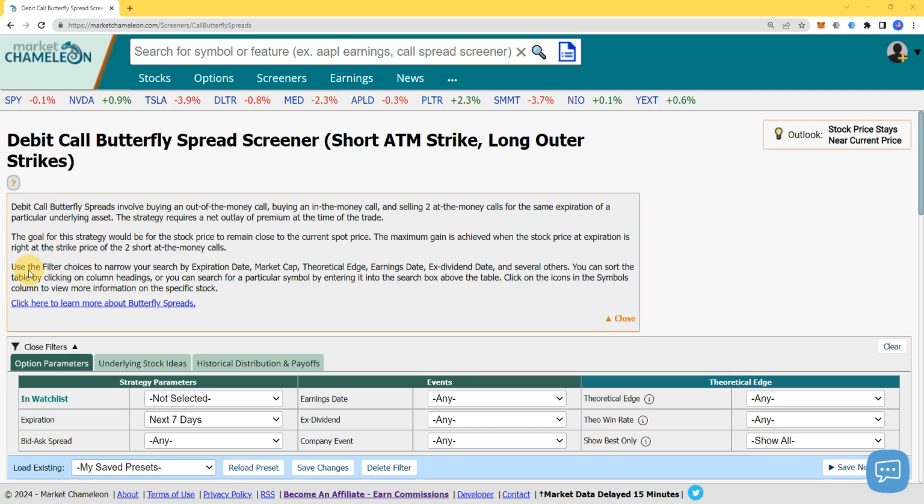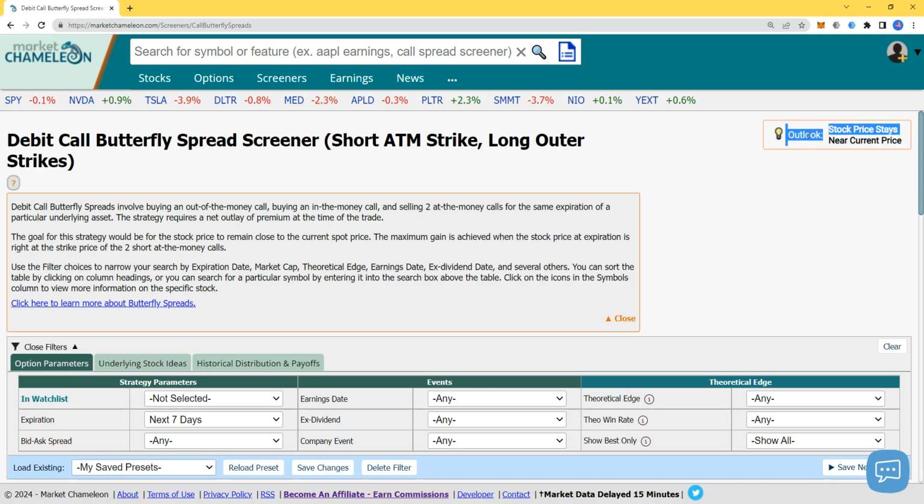A lot of you are asking, and in general a lot of you want to know about Butterfly. What is it? You heard that, hey, you can make a lot of money risking a lot less and all that stuff. So just so you know, Iron Butterfly, let's start with the basics. The basic says the stock price stays near current price. This is your goal.